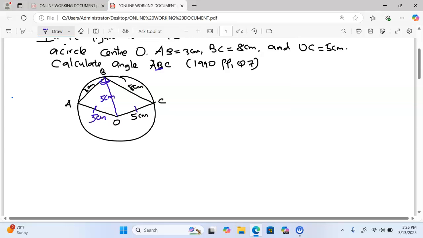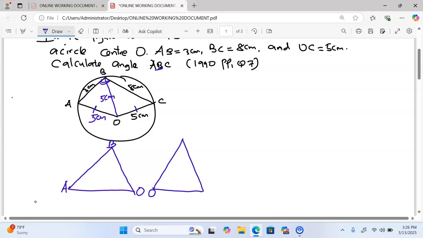Now we can move down and have the two triangles as follows. The first one is BAO. Then we have this other triangle this way.